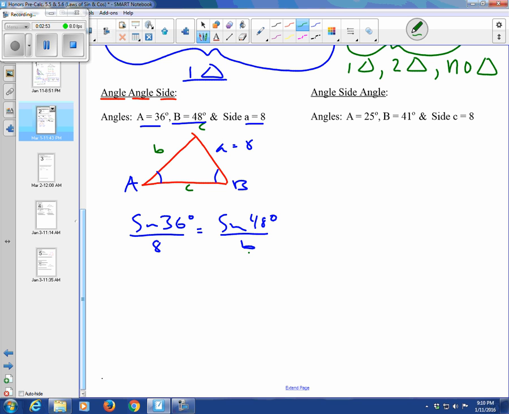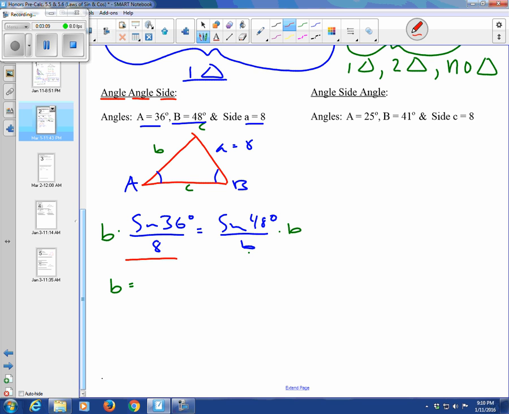Now we've got an equation involving the variable side little b. To solve for b, we can multiply by b on both sides, and then multiply by the reciprocal of sine of 36 over 8.